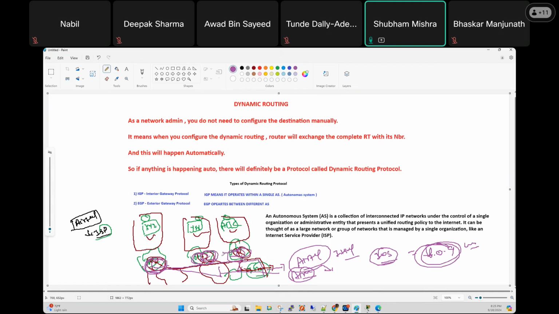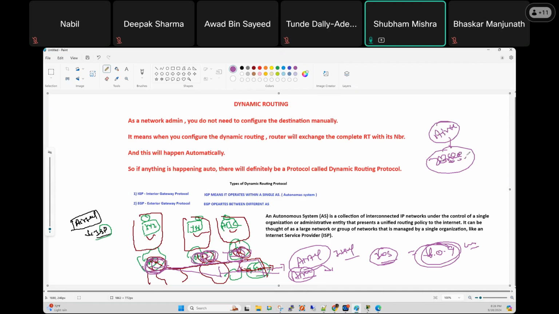Or you can understand autonomous system like this. An AS is a type of zone. Getting my point? And who manages this zone? Let's suppose if there is Airtel, then Airtel itself manages all the devices present in this zone.